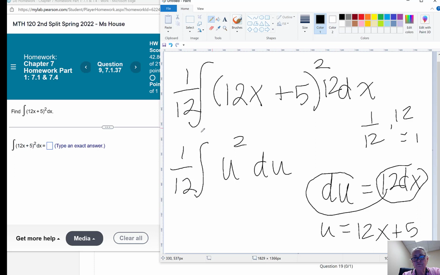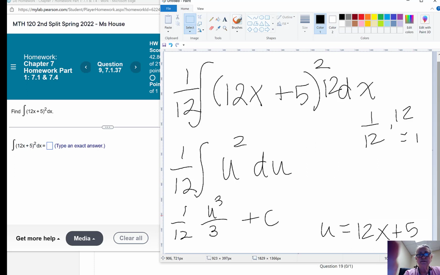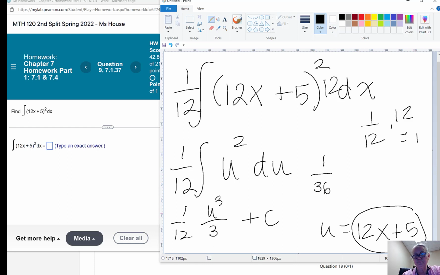Right? So now this integral is easy. That's 1/12 u to the third over 3 plus c. And 12 times 3 is 36. So keeping in mind what u is, that's 1 over 36, and now I'm going to put my u back in, 12x plus 5 to the third plus c.